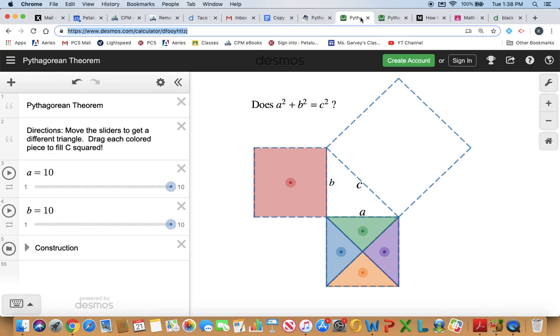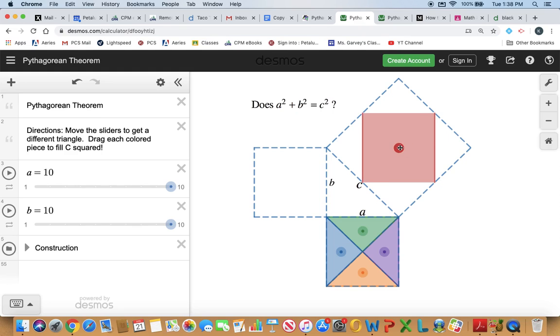Another way that you can prove this to yourself is by looking at this tool. What we can do is take the square of this side, which is B, and put it in the middle of the square of the longest side, which is C, and then we'll take apart the square of the other short side and put it in just like puzzle pieces.